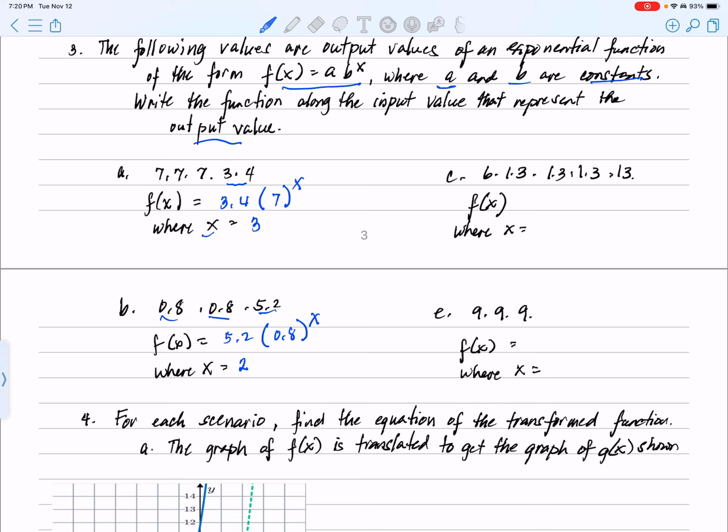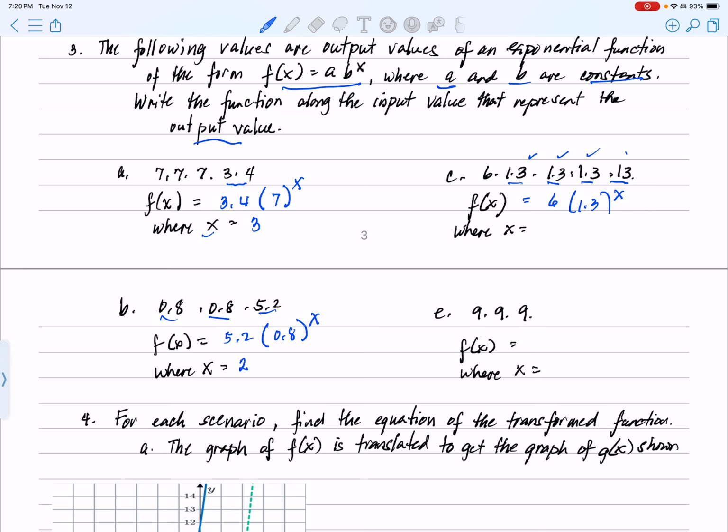Okay. Let's have this. 6 times 1.3, 1.3, 1.3, 1.3. So our function would be 6 as the initial, then the b is 1.3 to the power of x, where our x will be 4.